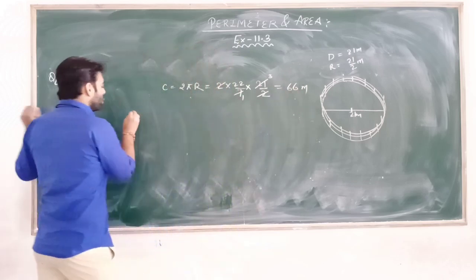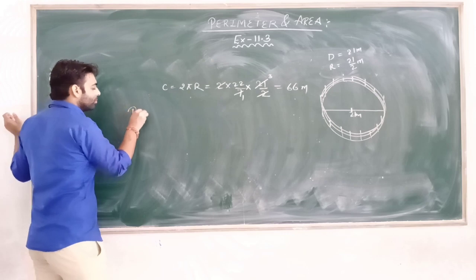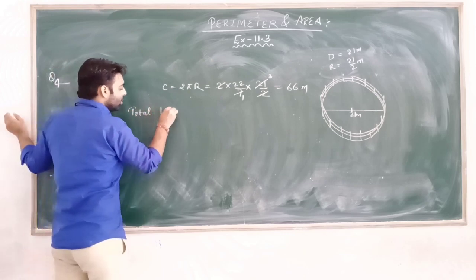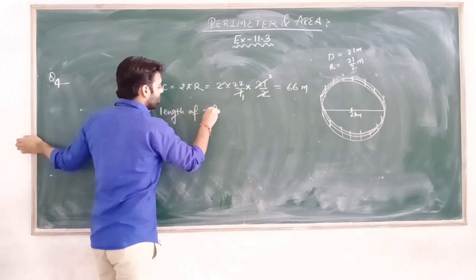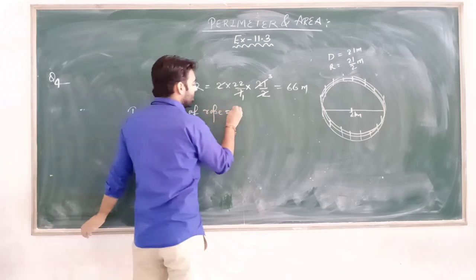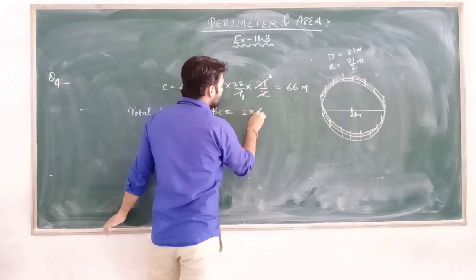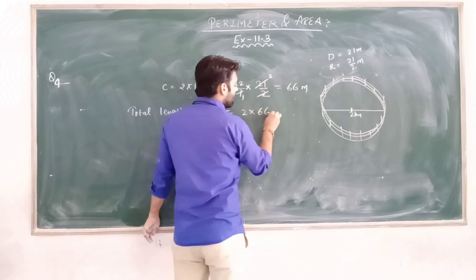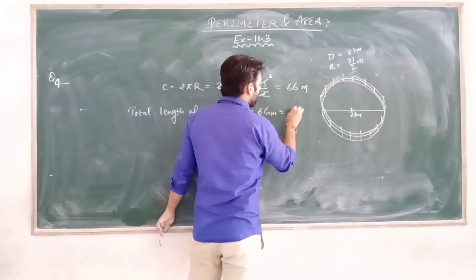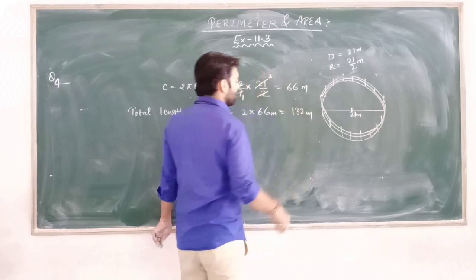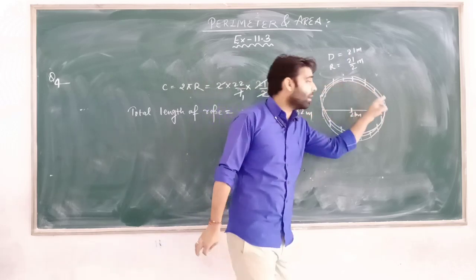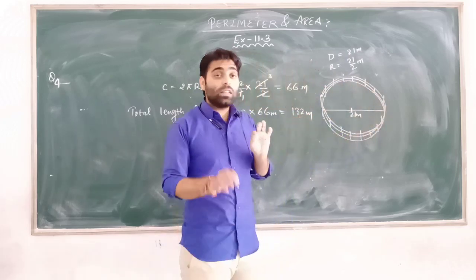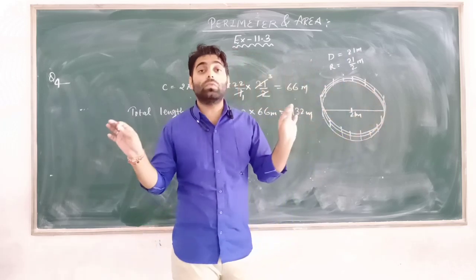Total length of rope will be 2 into 66 meter, equal to 132 meter. Means for fencing the circular path, the length of rope is 132 meter.